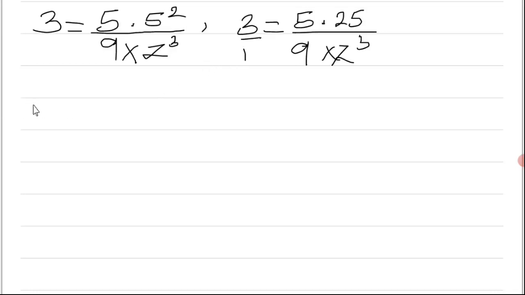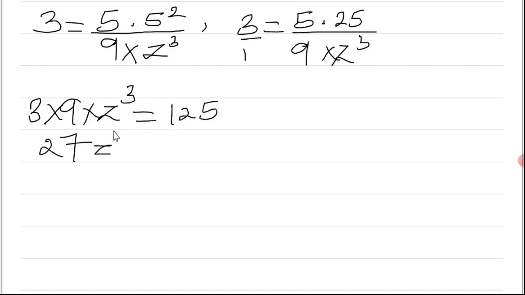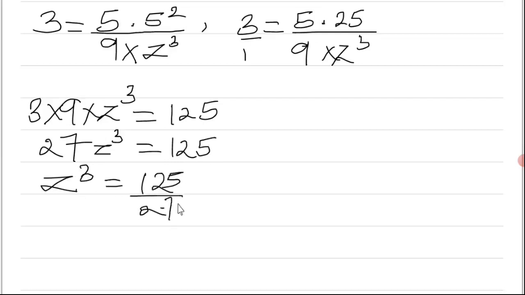We have 3 times 9 times Z cubed is equal to 125, so we have 27 times Z cubed is equal to 125. Therefore, Z cubed is equal to 125 over 27.